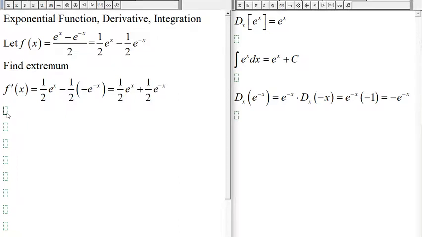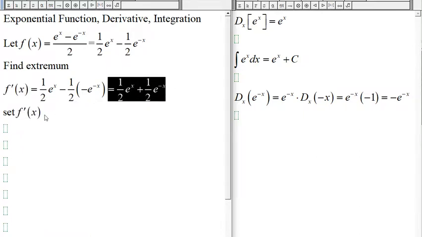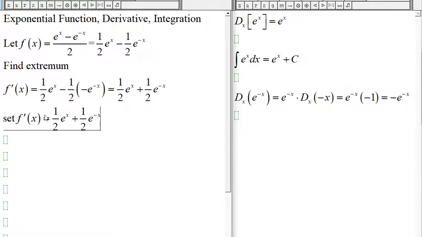And then next, we set the derivative equal to 0 and so forth, if possible.